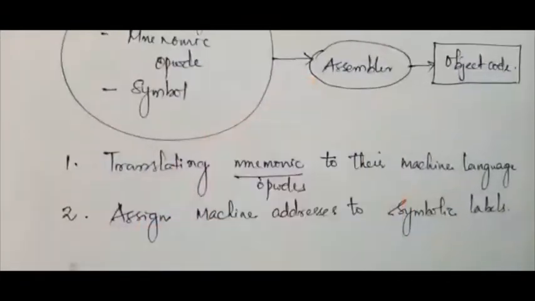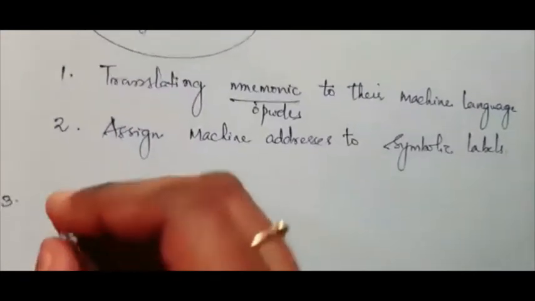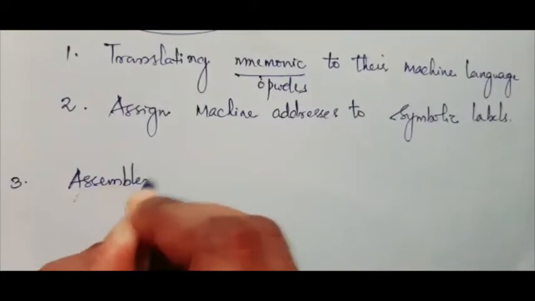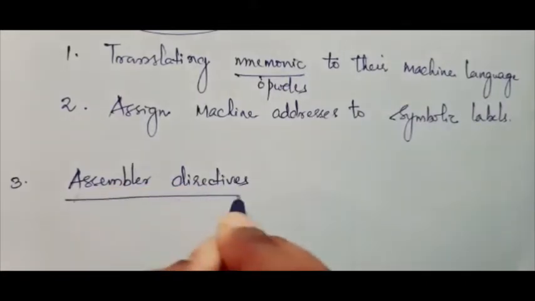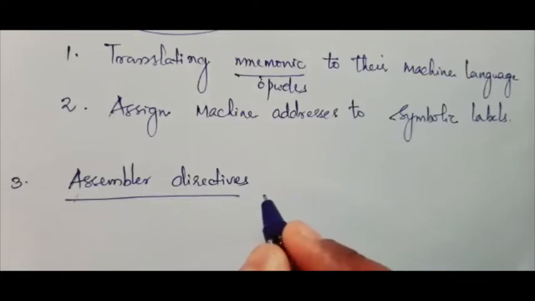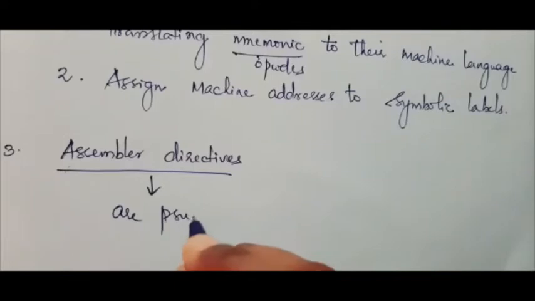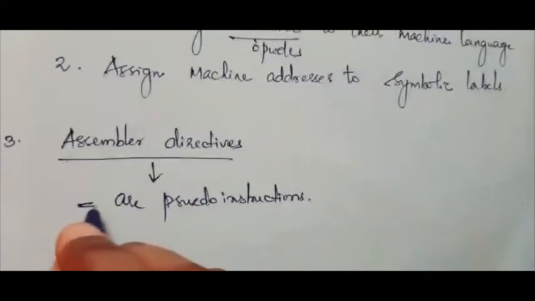Okay, so next we'll see assembler directives. Assembler directives are pseudo instructions. This is the first point.